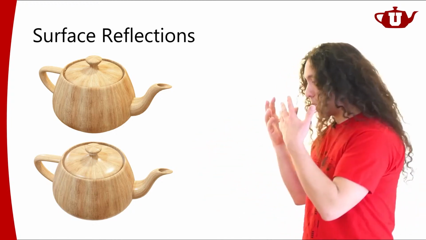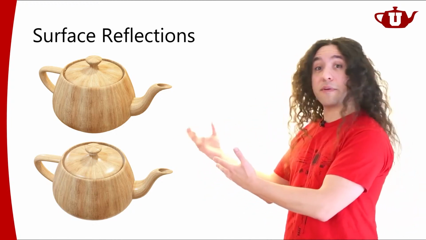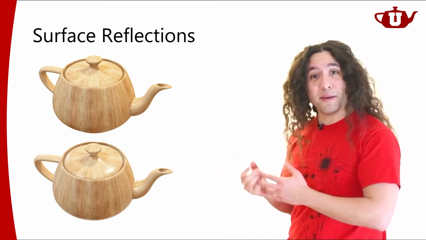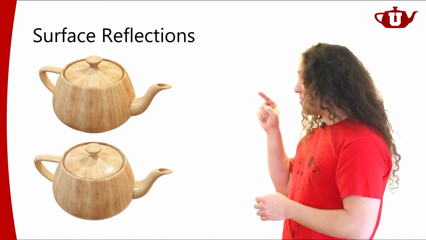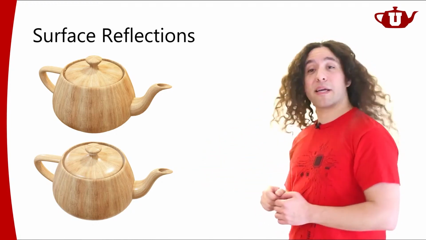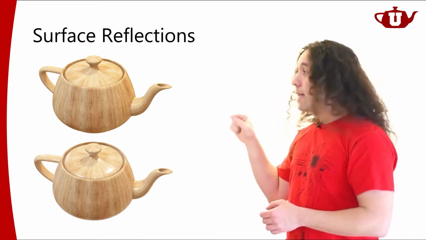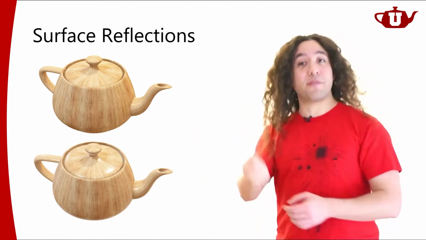Right? So a light is hitting the surface, a portion of it is reflecting diffusely, a portion of it is reflecting specularly, right? So if some portion of the light is reflecting specularly, and I'm seeing specular reflections here, then that portion is not reflecting diffusely.